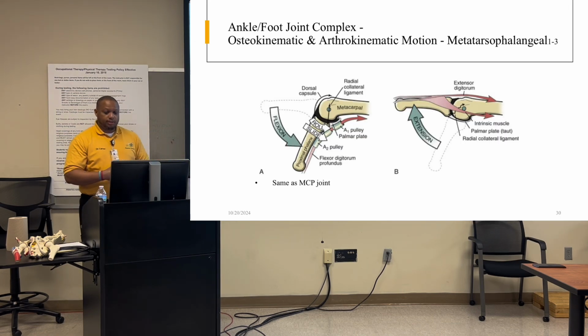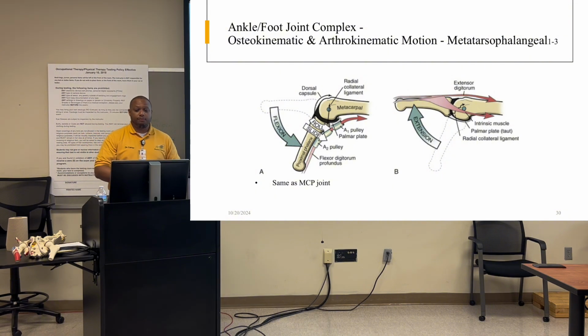So here we go, similar to the fingers, similar to the metacarpophalangeal joints. Now we're just talking about metatarsophalangeal joints. Again, remember I told you the base of the phalanx is going to be moving on the head of the metatarsal, the convex head of the metatarsal, and the concave base of the phalanx is what's going to be moving on it.